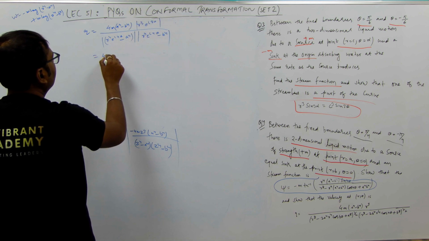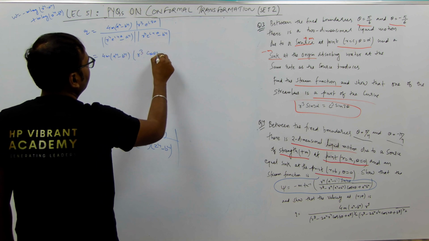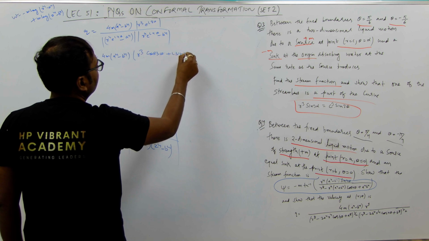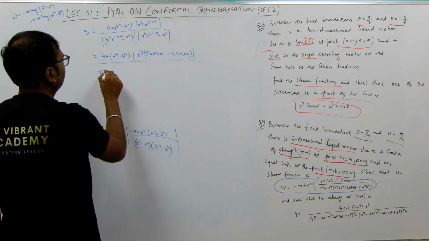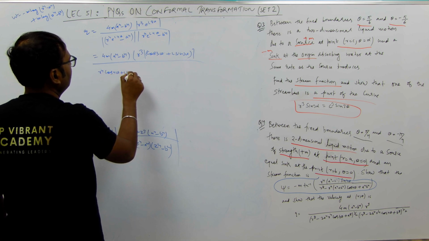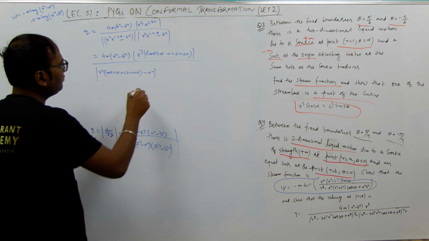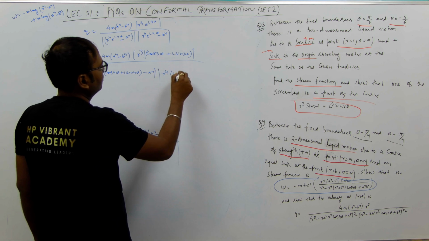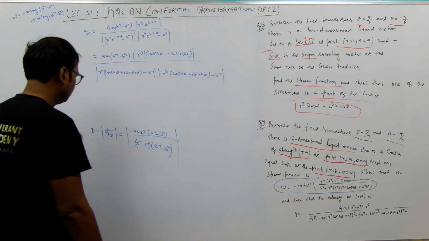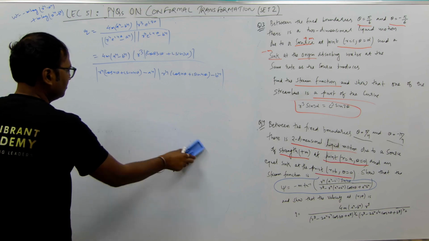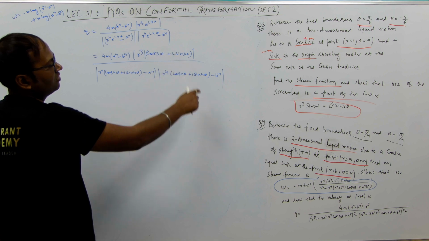So we have 4m (a^4 - b^4) into r^3 mod of (cos 3 theta + i sin 3 theta) upon (r^4 cos 4 theta + i sin 4 theta - a^4) mod and (r^4 cos 4 theta + i sin 4 theta - b^4) mod. Let us further simplify this. cos^2 3 theta plus sin^2 3 theta is one.